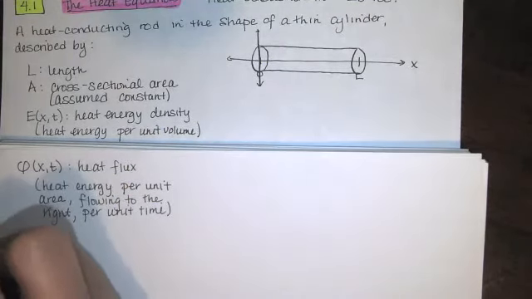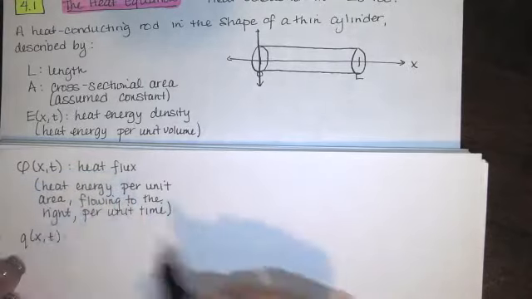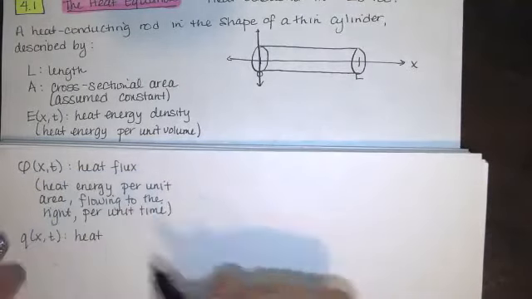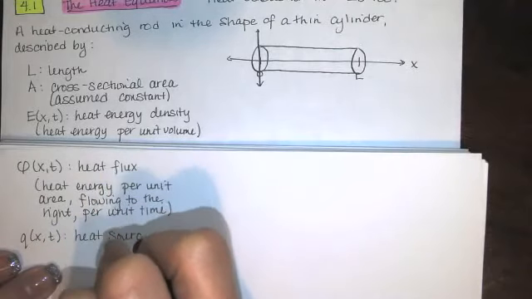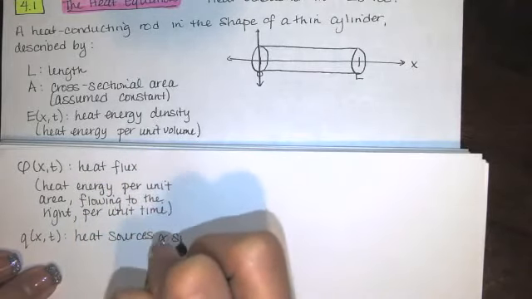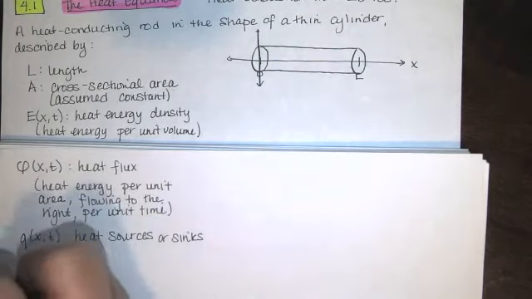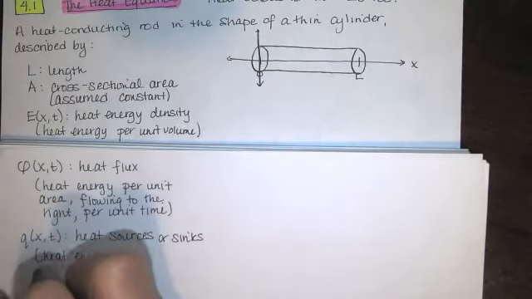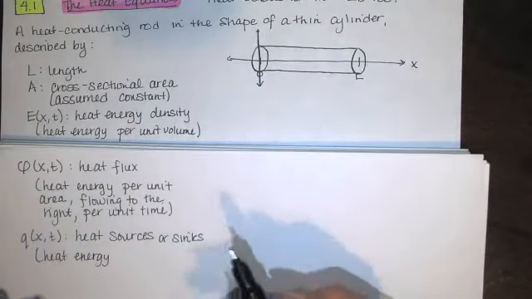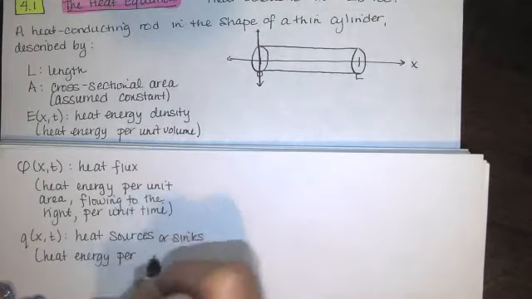And Q of x and t will represent heat sources or sinks. This is also measured in heat energy per unit volume this time.